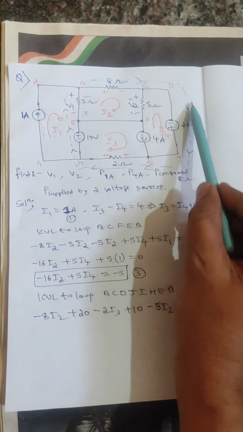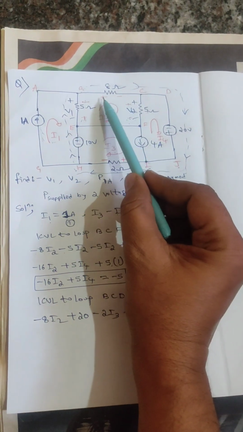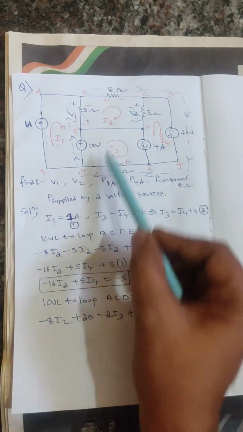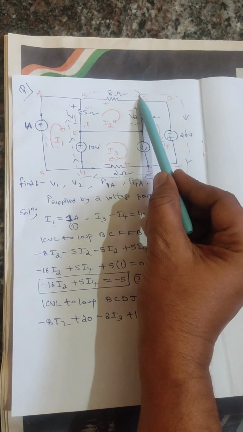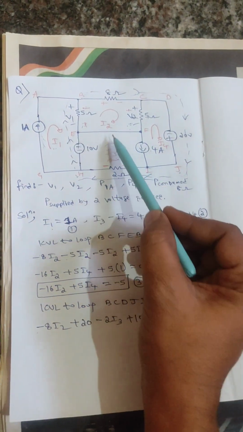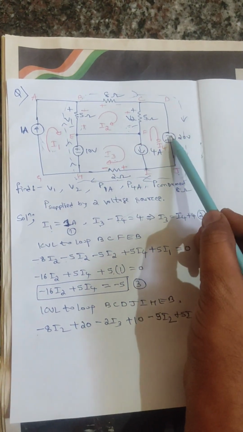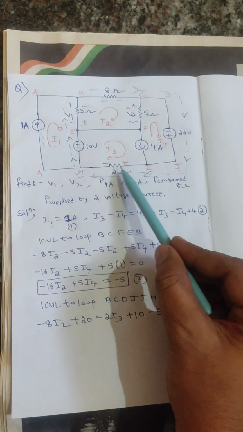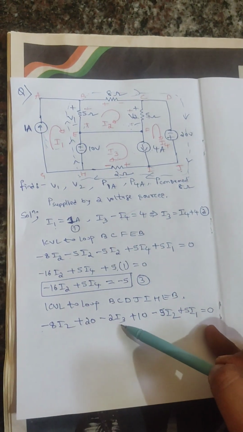So we can cross check once again. As per this direction, whatever direction I marked here, that is the loop direction. According to this polarity, whenever the loop direction flows from plus to minus, you write a drop. What is the current in this loop? That is I2. Minus 8 I2. And the direction flowing from minus to plus means you write positive, plus 20. Then this 2 ohm resistance: plus to minus, drop, minus 2 I3.